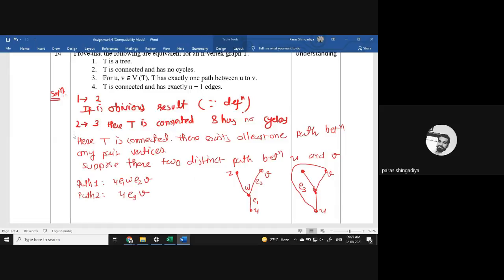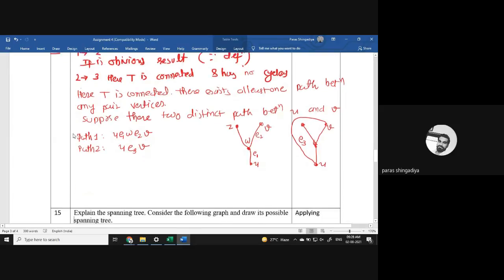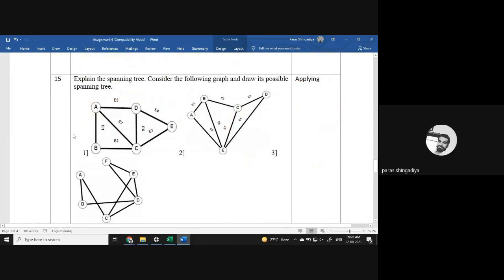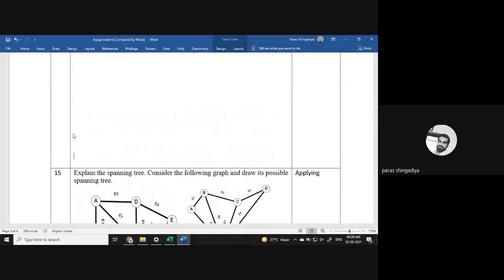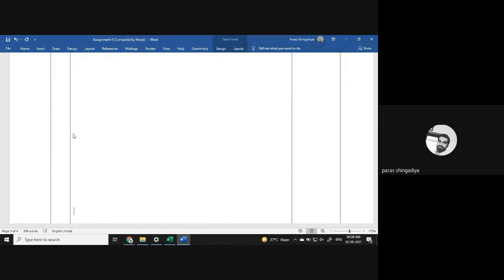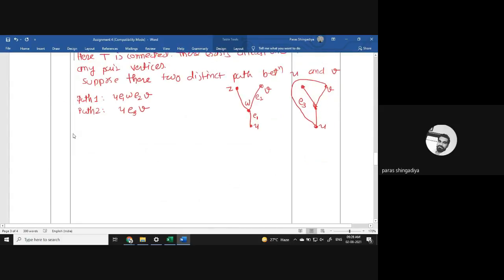U E3 V. And then you just take its union. Consider the union of both paths. ओके, सो दोनों पाथ का यूनियन क्या होगा?